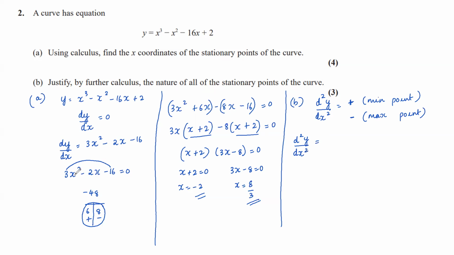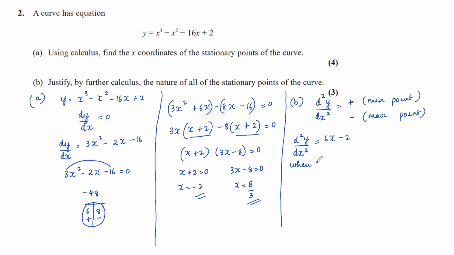So the derivative of 3x squared will be 6x. Derivative of minus 2x will be minus 2. And the derivative of a constant again will be 0. So d squared y by dx squared is equal to 6x minus 2. Now, we need to find out whether these points are minimum or maximum.